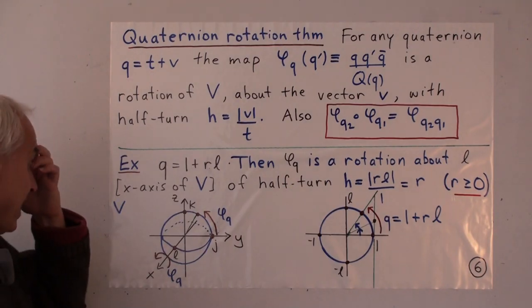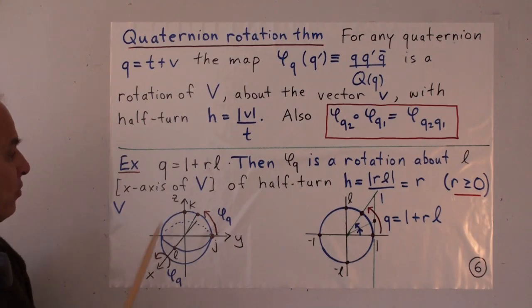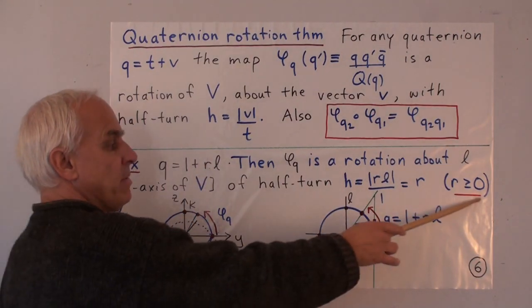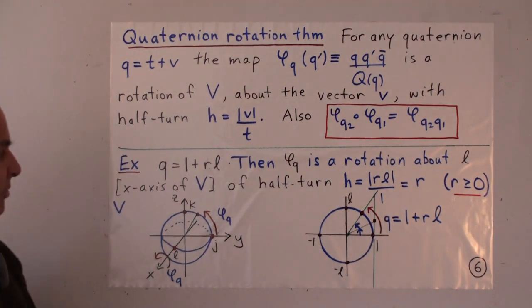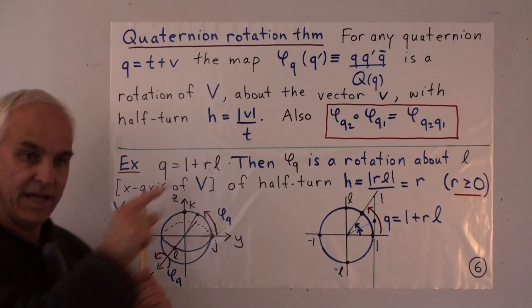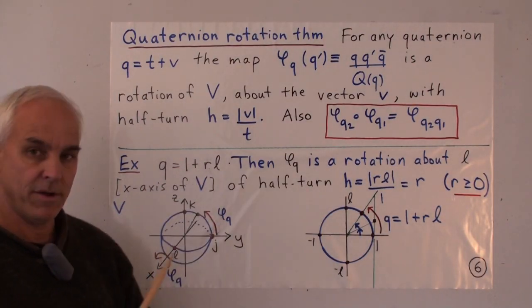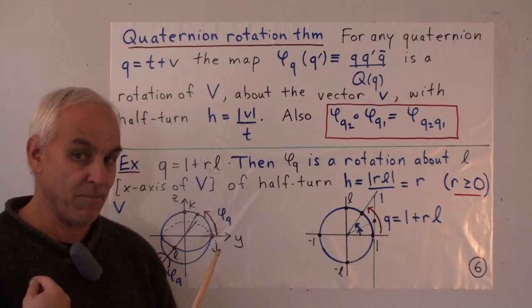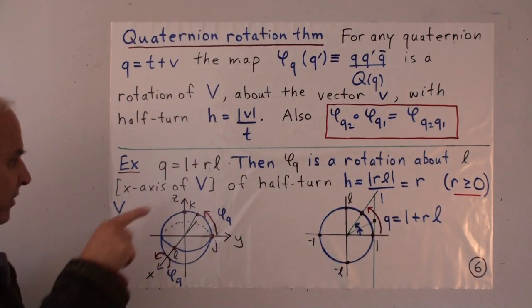Okay, so let's have a look at an example. Let's suppose that Q is 1 plus r times i. And I should say that r is going to be a positive multiple here. So we're thinking of this vector part as really in the direction of i, not in the direction of minus i. The direction matters.